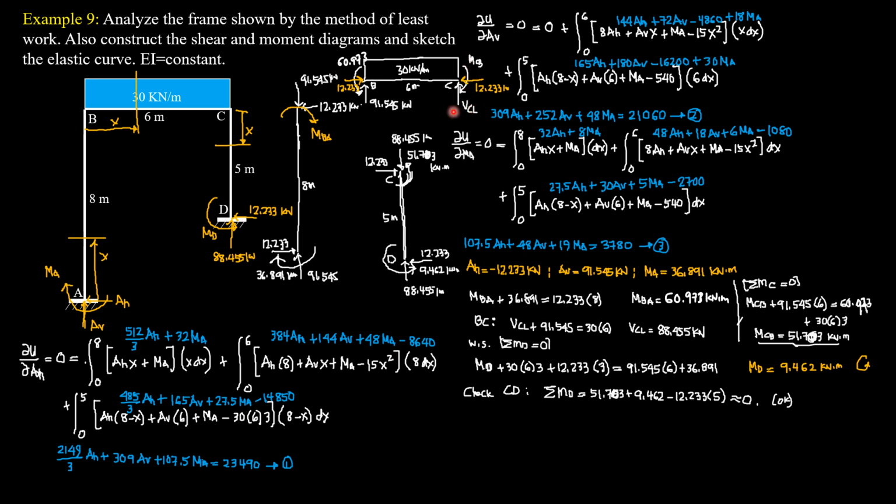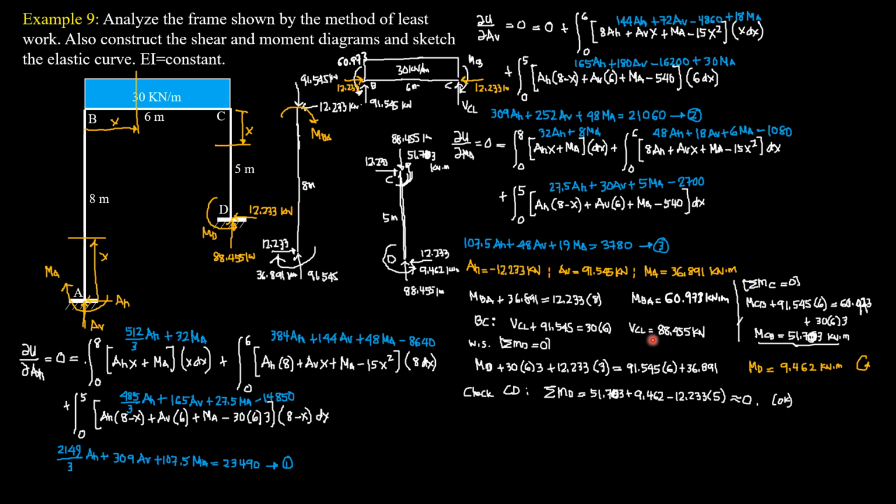Summation forces Y, by the way, considering BC. So shear just to the left of C plus 91.545 equals 30 times 6.